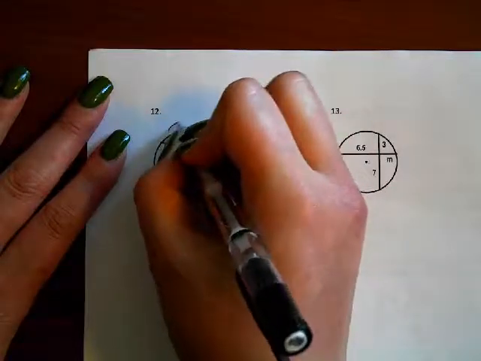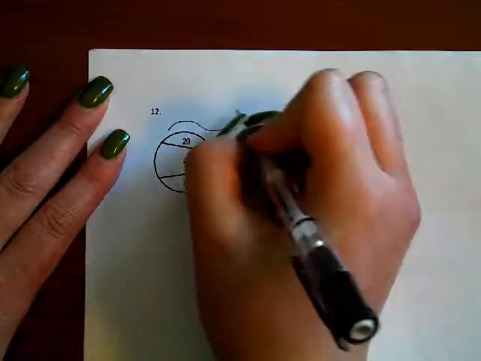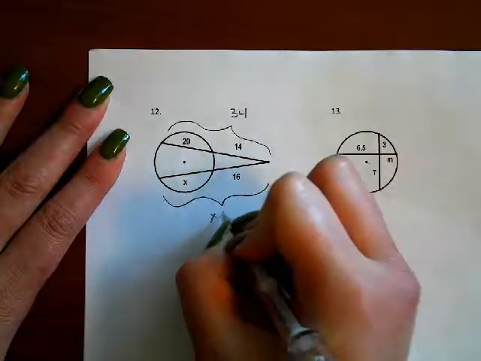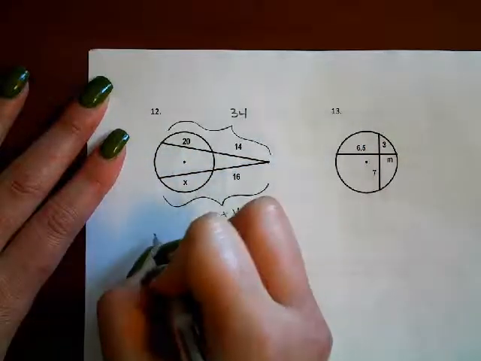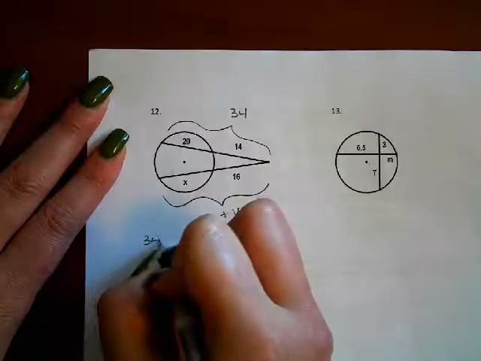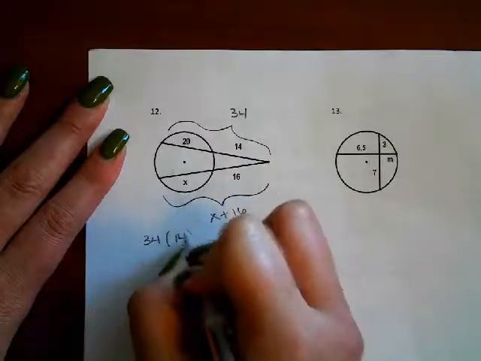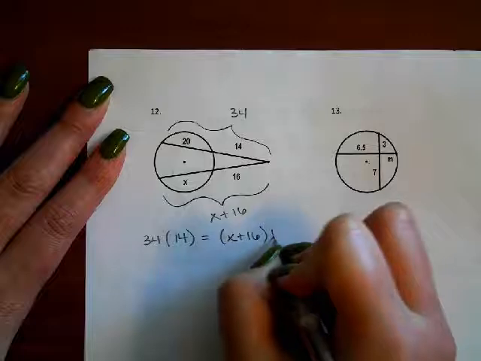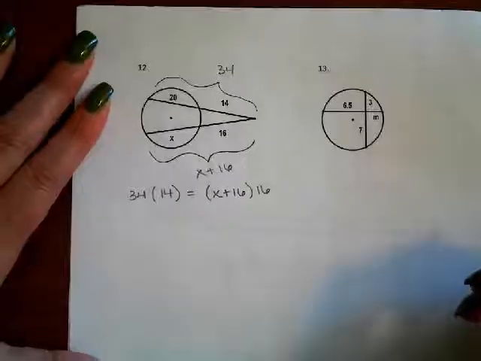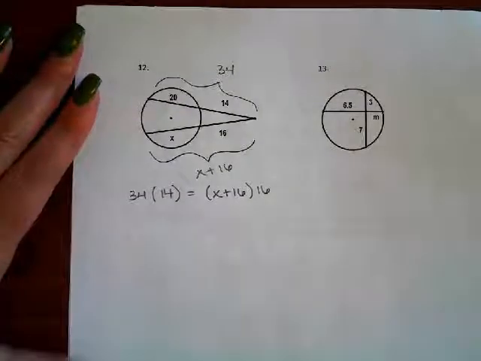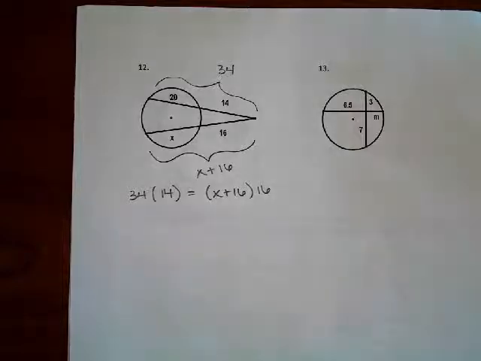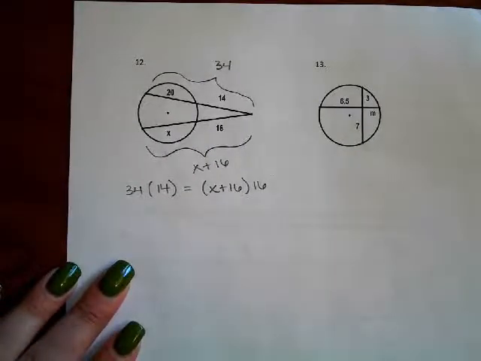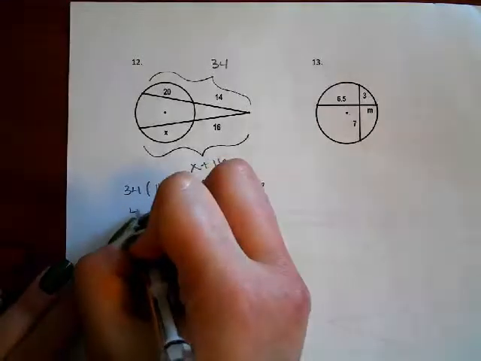All right, so again, we've got the whole length is 34. This whole length is x plus 16. So we've got the whole thing multiplied by the outside, the whole thing multiplied by the outside. So 34 multiplied by 14 is 476.